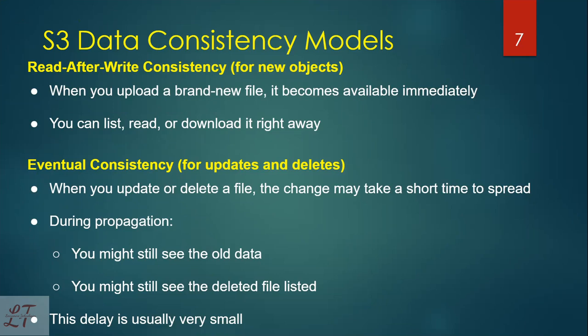Whereas eventually consistency model is when you're deleting a file from the bucket, it will take time for the changes to get reflected, but eventually it will get reflected. There's some delay when you're deleting an object and it takes time to get reflected.